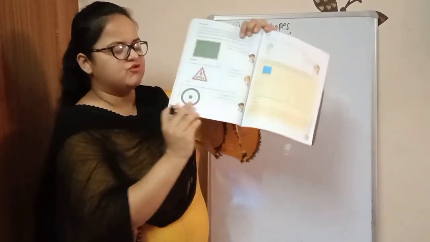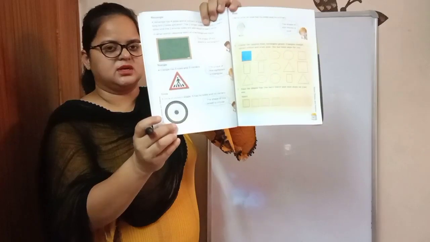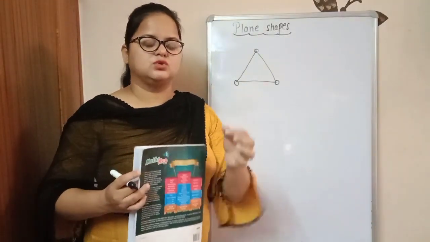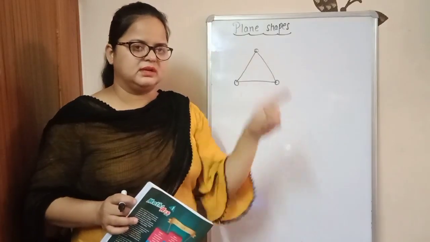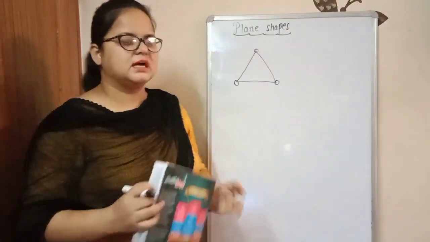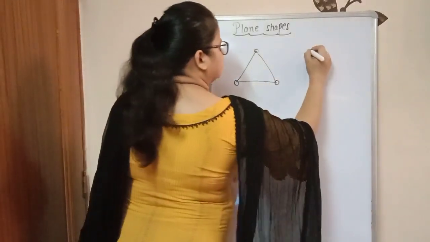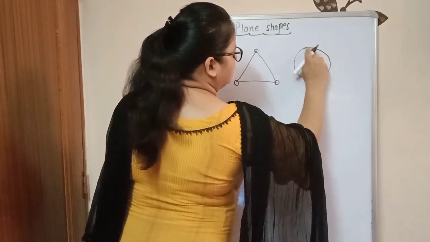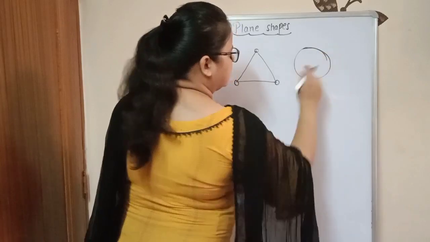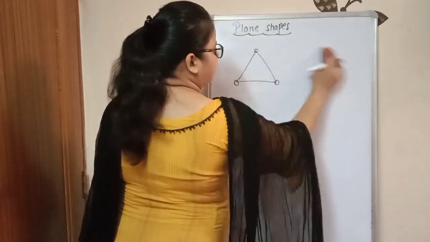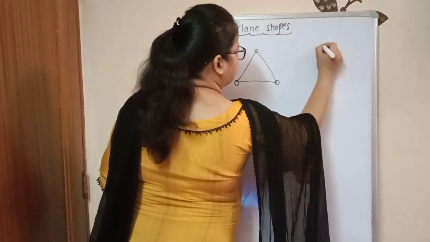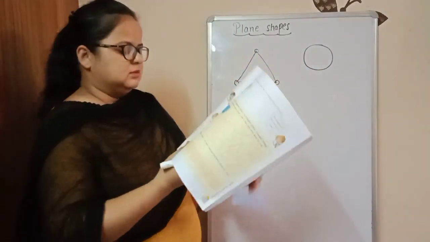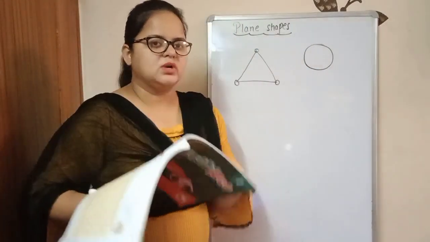The last is circle. Here is a wheel you can see in this picture. Wheel of a cycle, wheel of a car, scooty, bike are all in the shape of a circle. You can see the clock in your house that is also circle in shape. So a circle is round in shape.